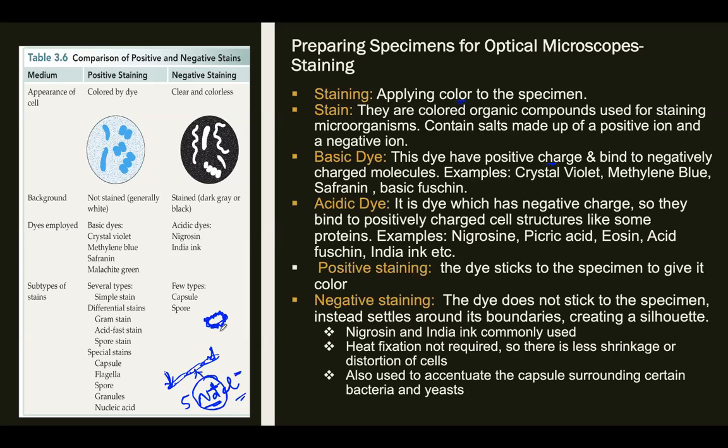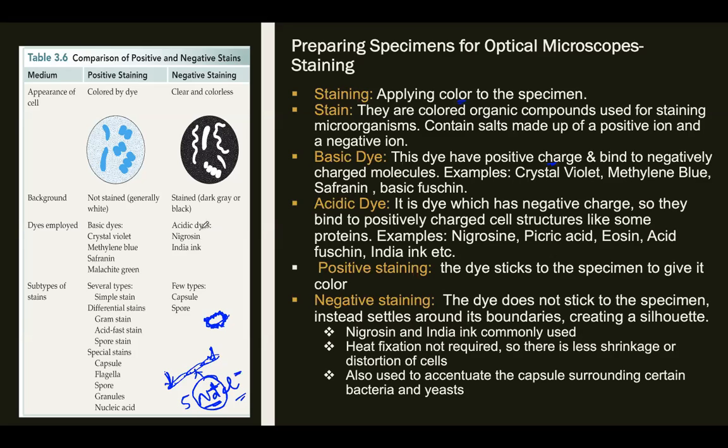And to identify the pathogenicity of bacteria, as I told you, this capsule is responsible for the pathogenicity of the bacteria, so it is very important to identify whether the bacteria has the capsule or not. So what we usually do most of the time is the negative staining.